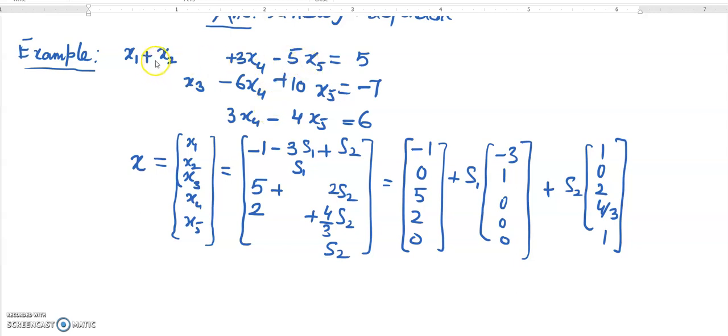So in this case, if the equations are homogeneous, so for example, instead of these values 5, -7, and 6, the values are 0, 0, 0, then what will be the solution? Whether that solution can be written out of this general solution or not. So the answer is yes.